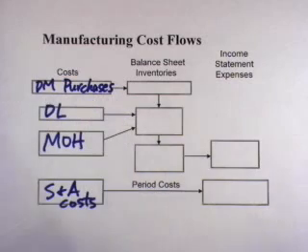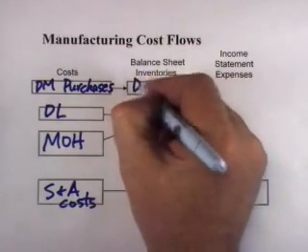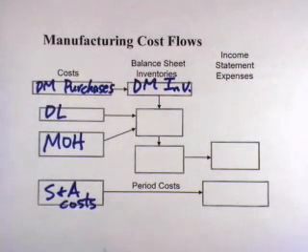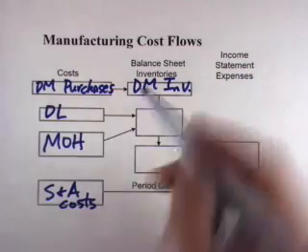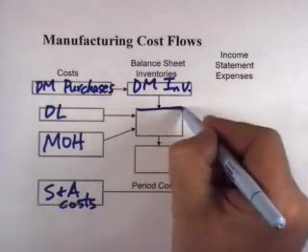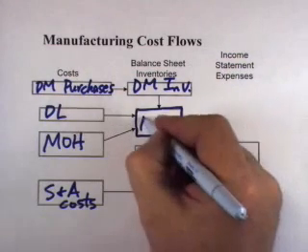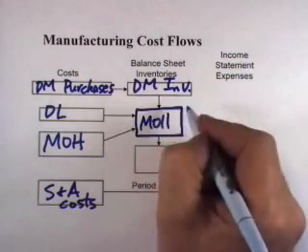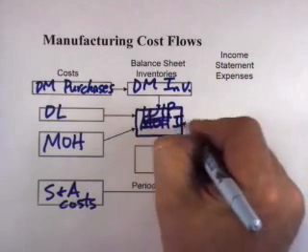Direct material purchases are going to be recorded first in the direct material inventory account on the balance sheet. Direct labor and manufacturing overhead are combined with direct material purchases once they are all three reported in the work in process inventory.